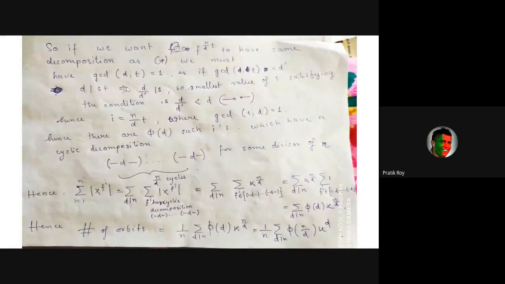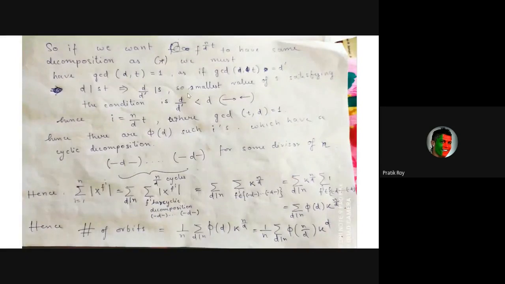This prompts us to say that if the GCD of d and t is not 1, then s, the smallest number satisfying this condition, can have the value d by d prime, which is strictly less than d. That is a contradiction, because we assumed that f to the power n by d t had a cyclic decomposition as follows. So I must have the GCD of d and t is 1.